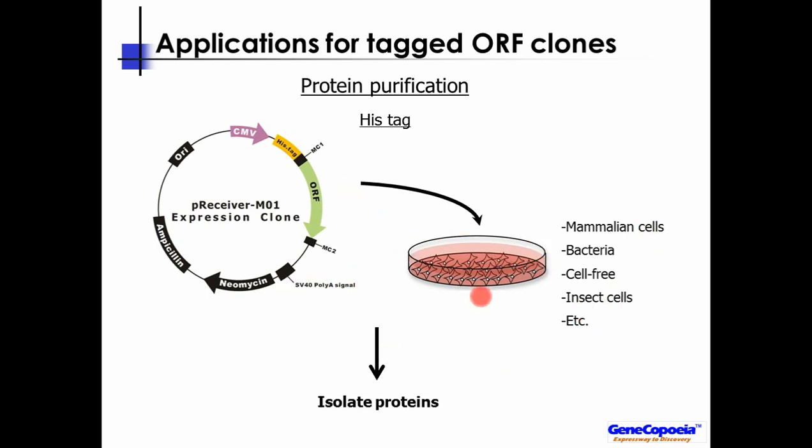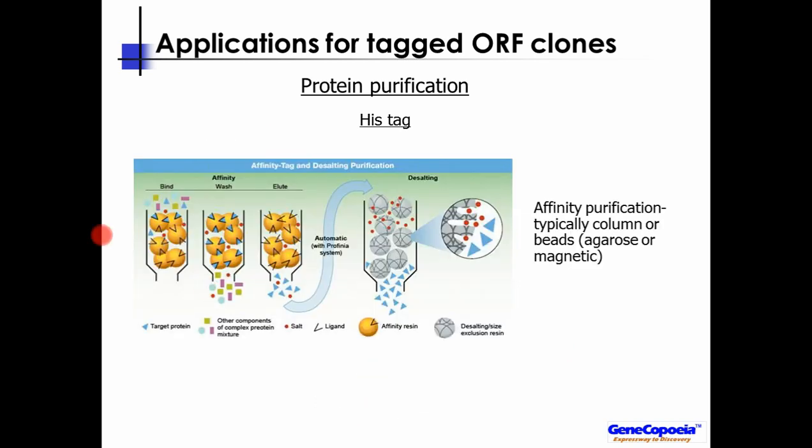And once you express this clone in your cells, you then isolate proteins, and then you run your protein mixture over an affinity column, such as shown here, and in the case of His tag, it's either a nickel column or a cobalt column, or this can be done with beads, which can be either agarose or magnetic. And then once you bind to the column or the beads, you then elute your tagged protein.